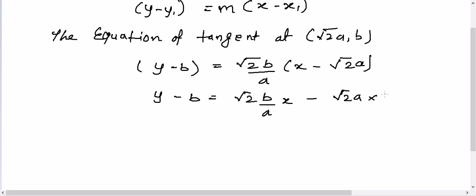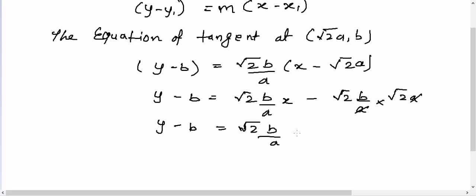Here a and a will cancel, so y minus b is equal to under root 2 b by a x minus 2b.